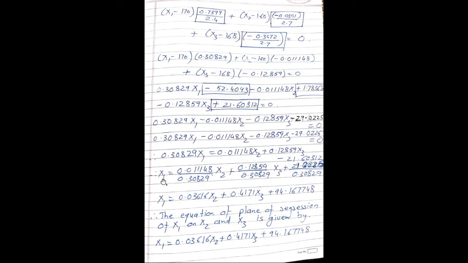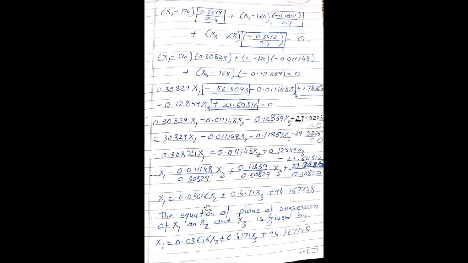Equation becomes x1 is equal to 0.01148 divided by 0.30829 x2 plus 0.12859 divided by 0.30829 x3 plus 29.0225 divided by 0.30829.